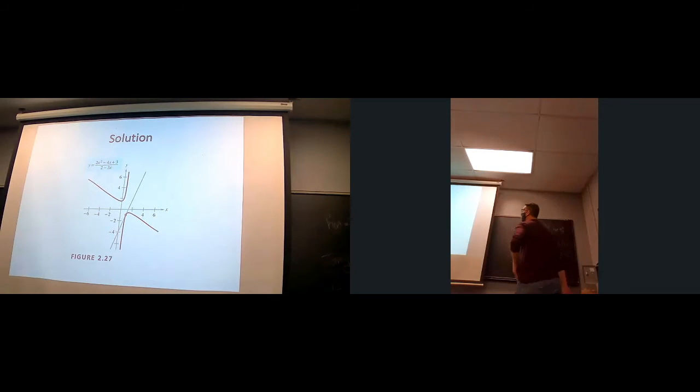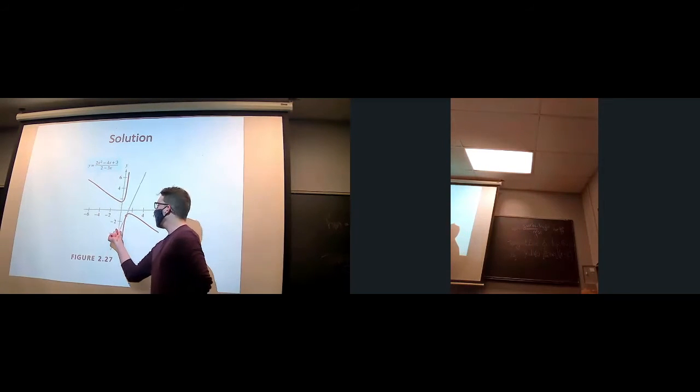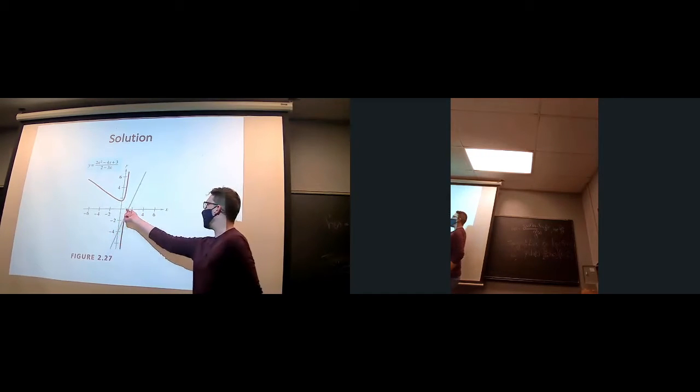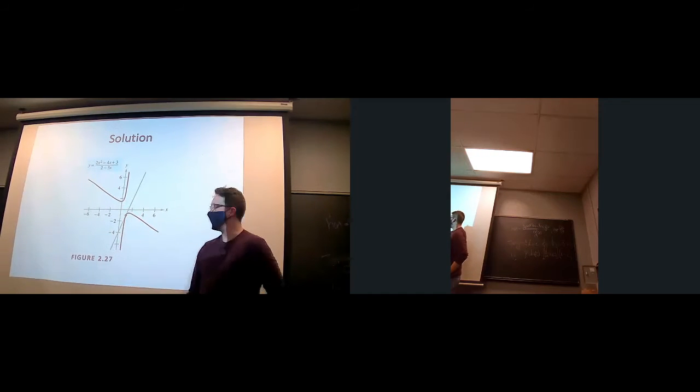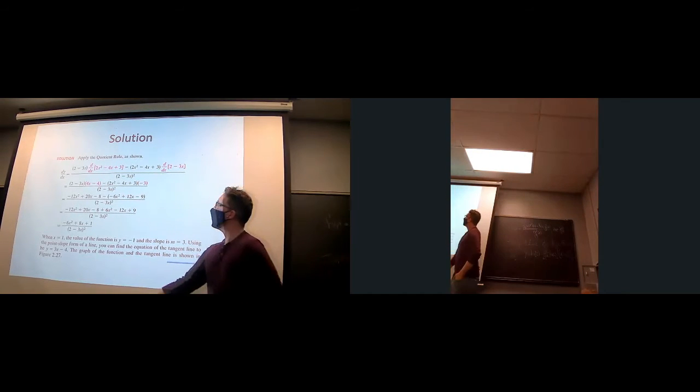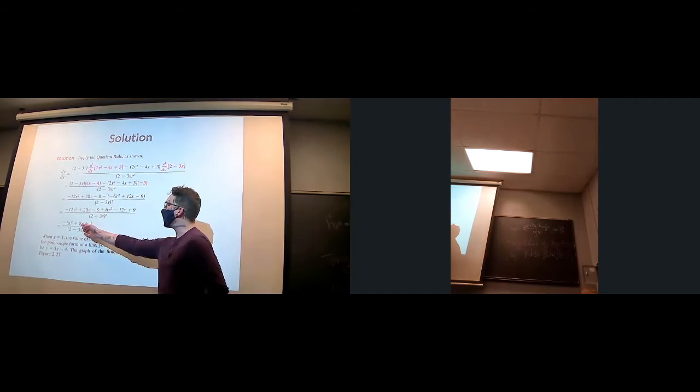So looking at what we're trying to do in this problem, we're trying to find this line, right? This tangent line right here, the gray one. So the first thing we're going to want to do is calculate what our derivative actually is. I'm doing that quickly. We move all the way through and get to this final point, right?